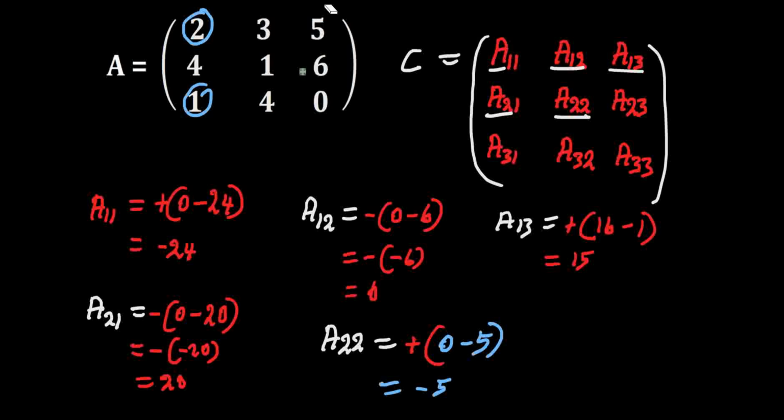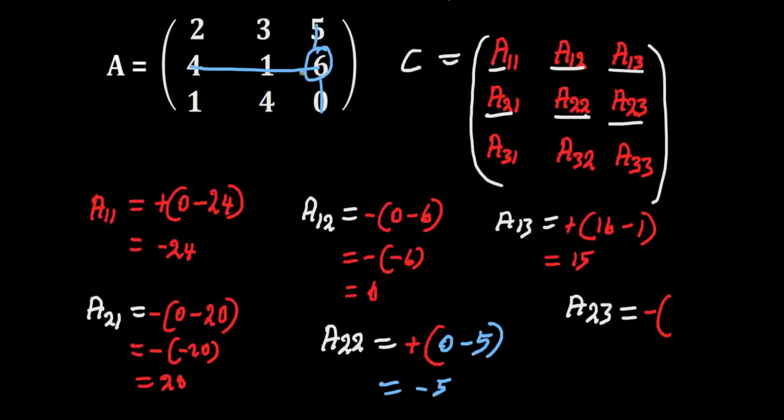So now we can move on to the next one. A 2, 3. So this will be equals to, now this is positive, negative, positive, negative, positive, negative. So this is negative, parenthesis. So now we can put this on hold. The whole of this, put them on hold.